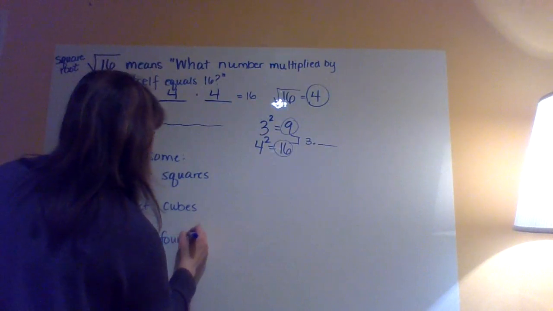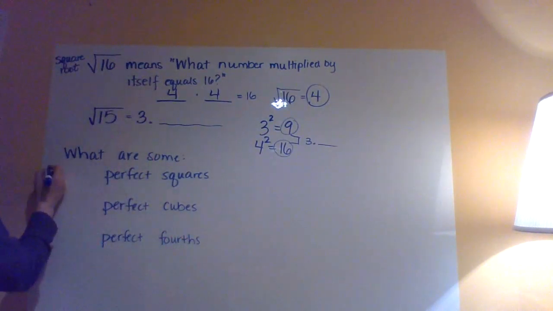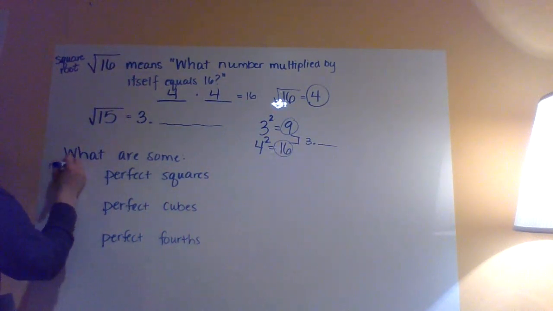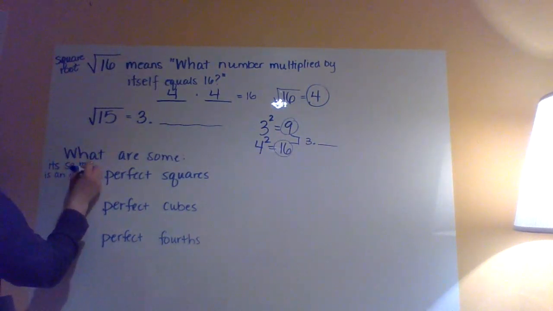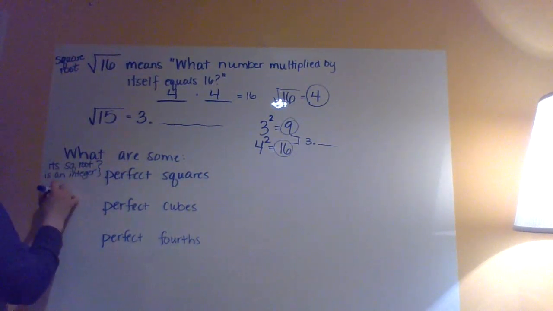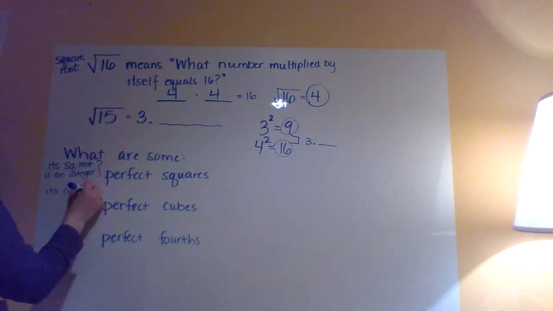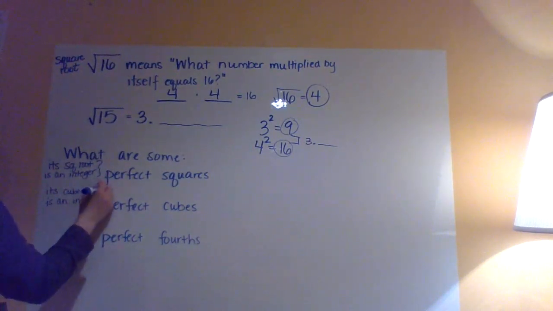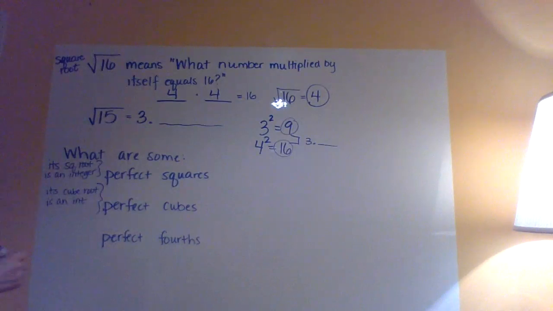Well, a perfect square means its square root is an integer. What's a perfect cube? Its cube root is an integer. A perfect fourth means its fourth root is an integer. We'll get to that in a second.